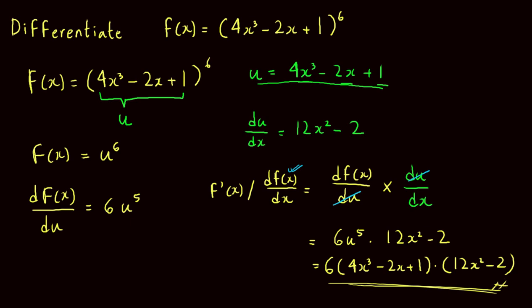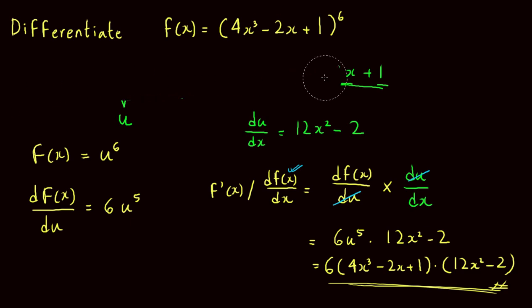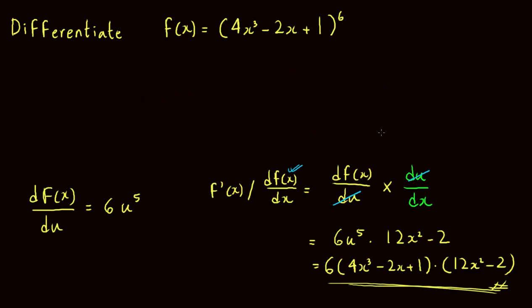So that's basically the answer when differentiating. It's not too bad. I think it was relatively easy. So we're going to go for a slightly more interesting question. Let me rub this off.